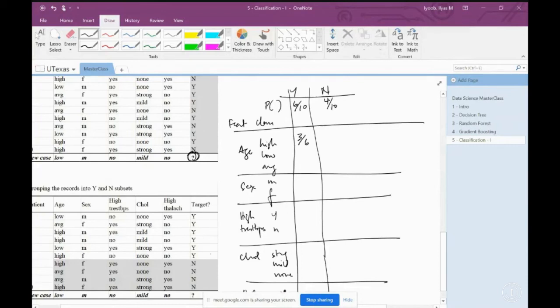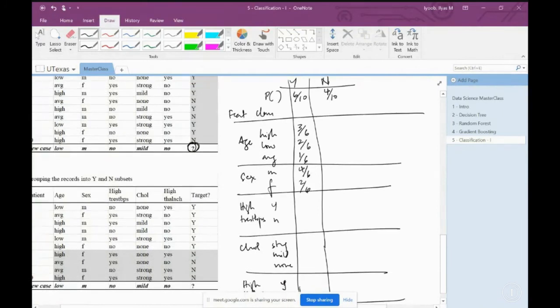Remember, we're looking at this subset and how many of them had a high age. Low is 2 out of 6 and average is 1 out of 6. You see what I'm doing here? Then we do the same thing for male and female. You've got 4 male and 2 female.